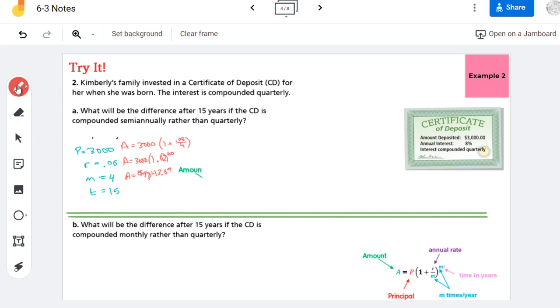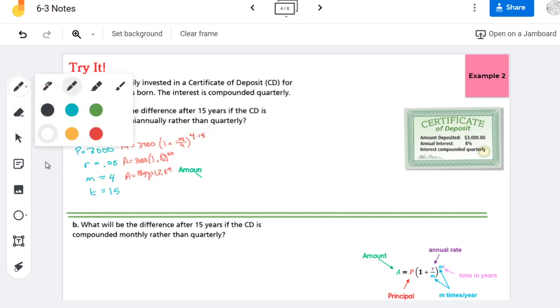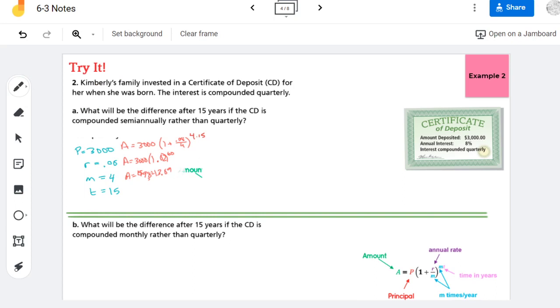And that was a bad snip because I left out the 4 to the 15ths. So I'm just going to put that right there. I'm also going to go over this in white so it's less obnoxious looking.